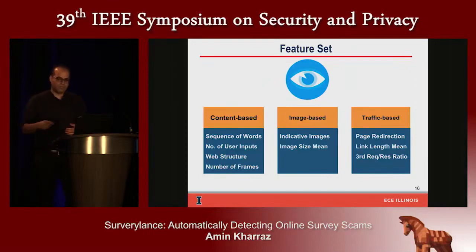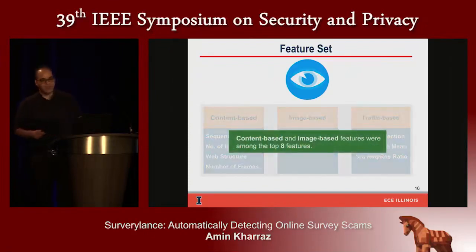We actually did classification and evasion analysis. And these are the high-level results of those analyses. Content-based and image-based features were among the more informative features that we had. That was actually promising because most of these features easily got value once the page was loading.